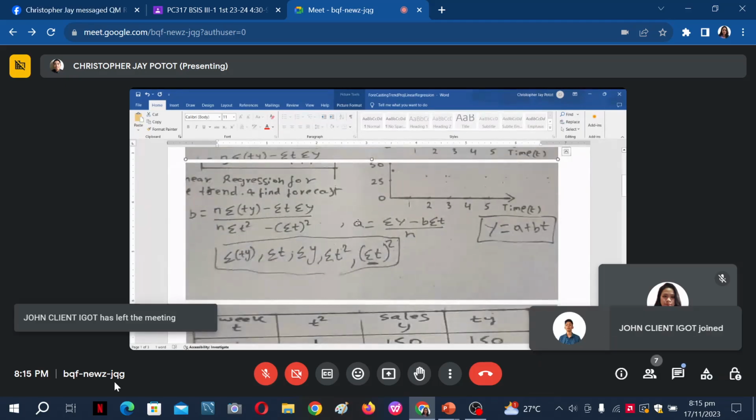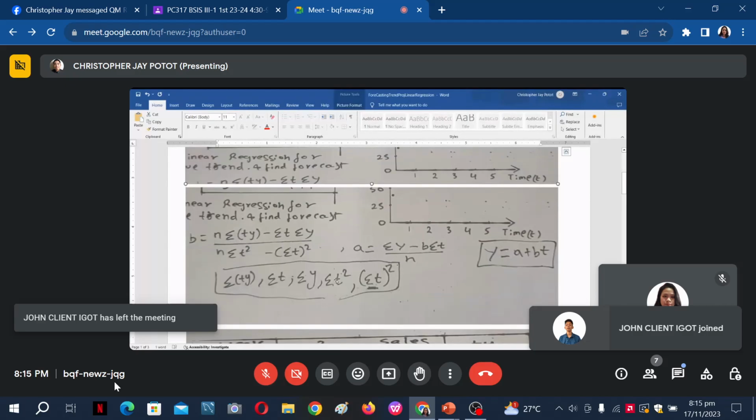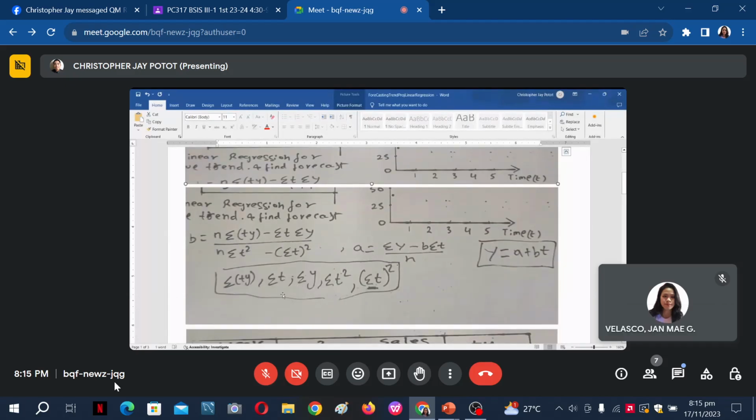That will be the formula. To expand from this, we must find its summations as well: the summation of ty, t, y, and t squared.